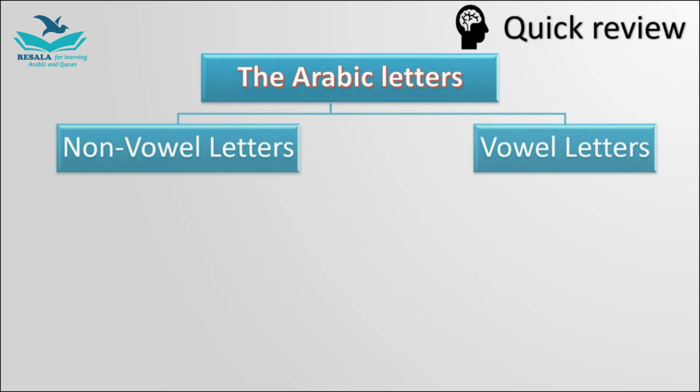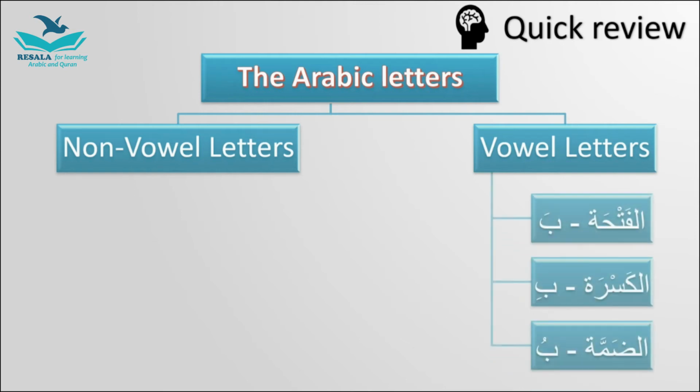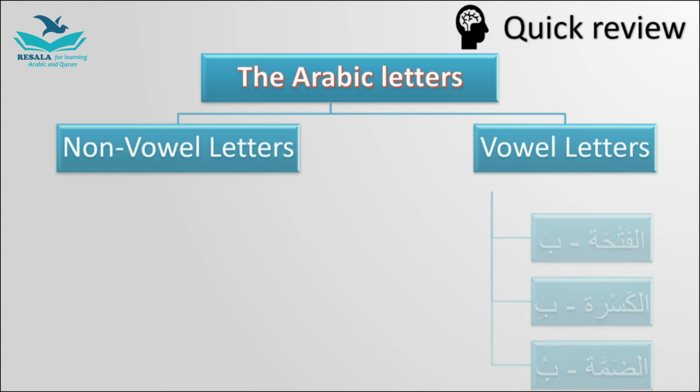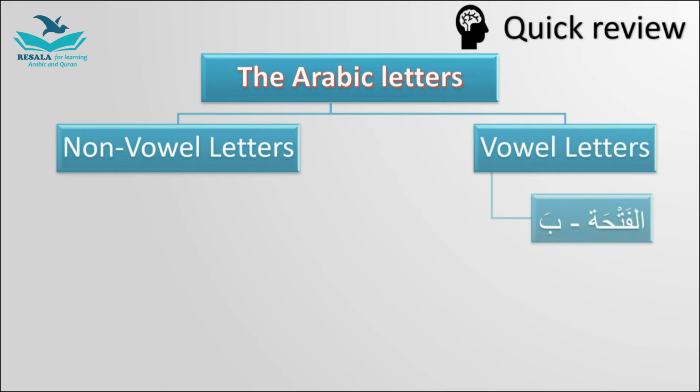We have in Arabic three vowels: the fatha, dhamma, and kasra. Let's use the letter ba as an example. The fatha is a sign we draw on the top of the letter, a small line. This fatha makes the letter ba sound like this. Go up with your voice and make it like ba.